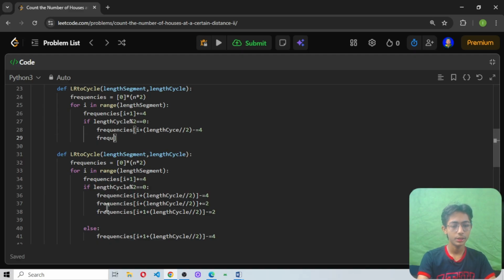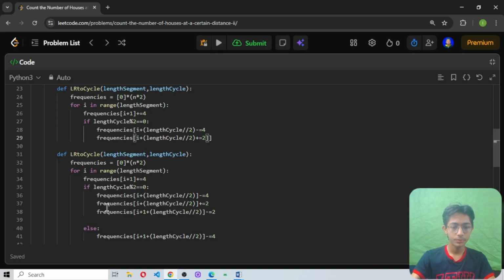Enter. Frequencies i plus length cycle divided by 2. Okay, by the way, basically I do not turn on my numlock, so that's why it is not working.